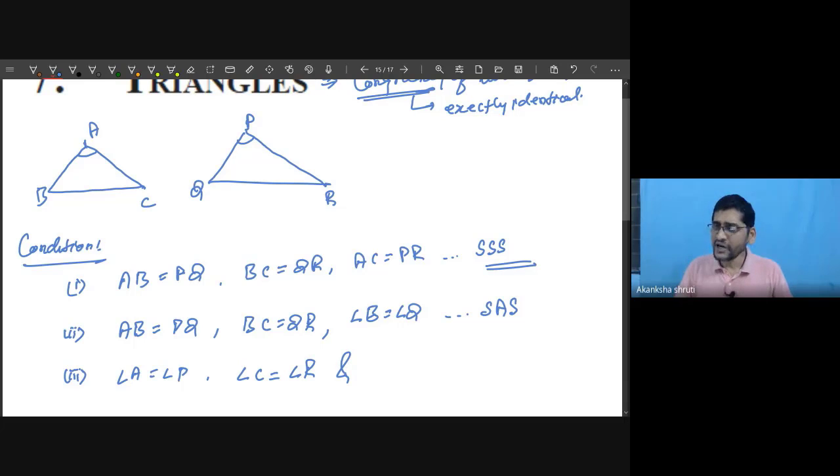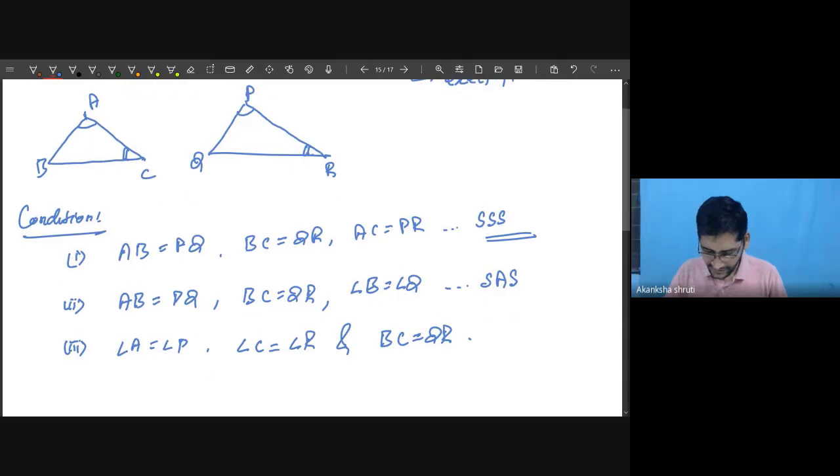And any of the sides; the included side need not be there. It can be any of these sides. Either BC equals QR is given, or AC equals PR is given, or even AB equals PQ.